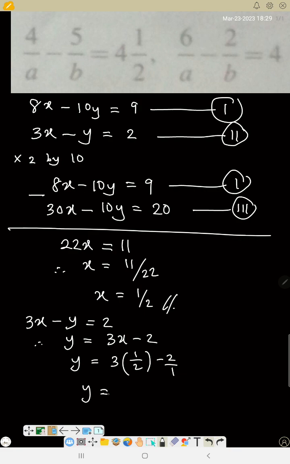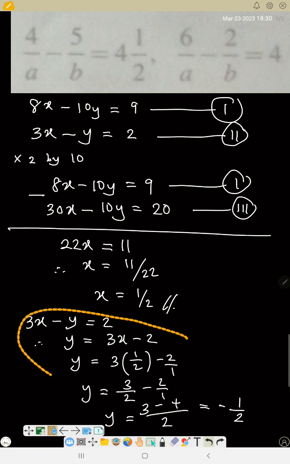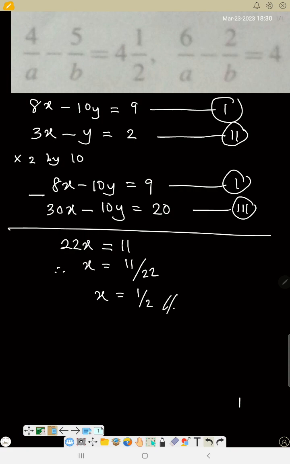So y is equals to 3 over 2 minus 2 over 1. LCM is 2. So 2 into 1, 1 times 3, 3. Minus 1 into 2, 2 times 2, 4. So y is minus 1 over 2. So we have solved our x and y. So x is 1 over 2. y is minus 1 over 2.